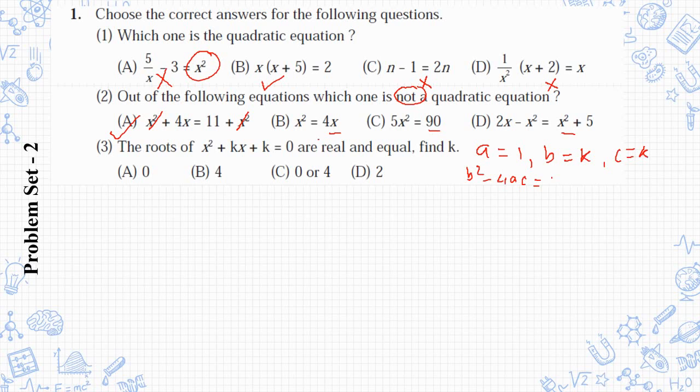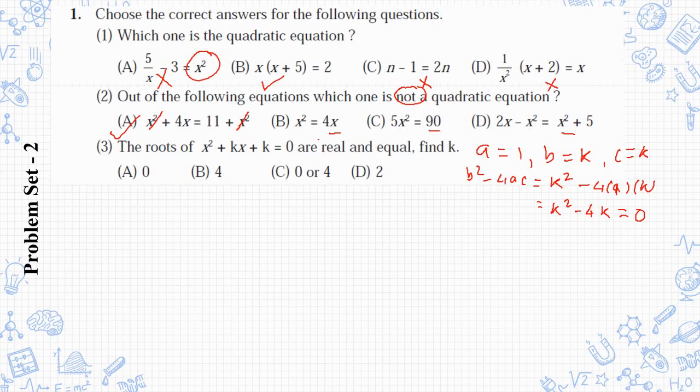So in this b is k, so k square minus 4 into a into k. So we have k square minus 4 into 1, 4k here. Now it is given that the roots are real and equal. So this will be equal to 0.